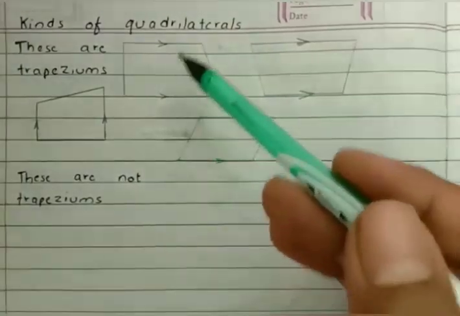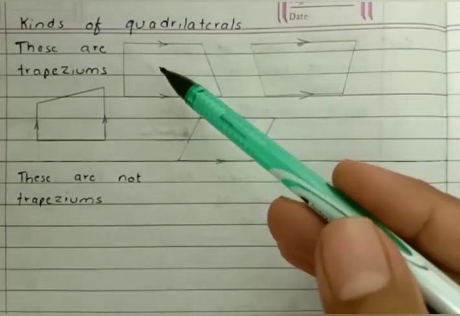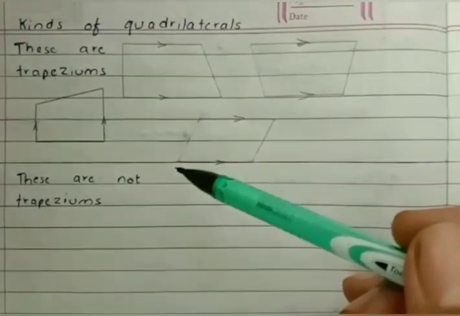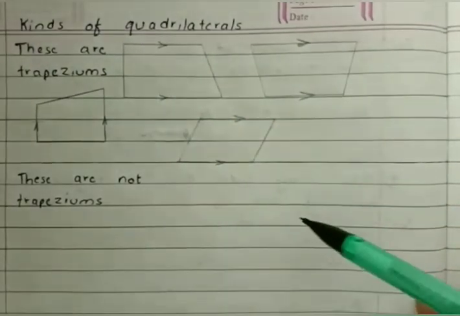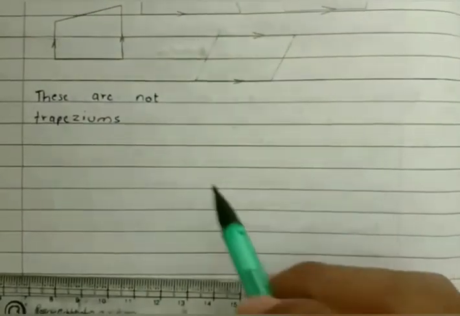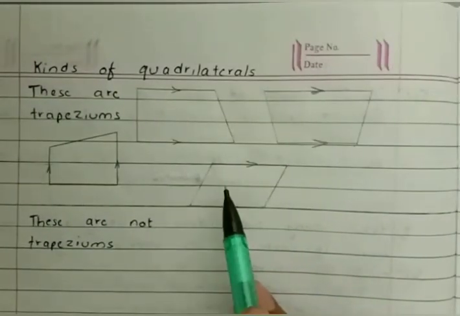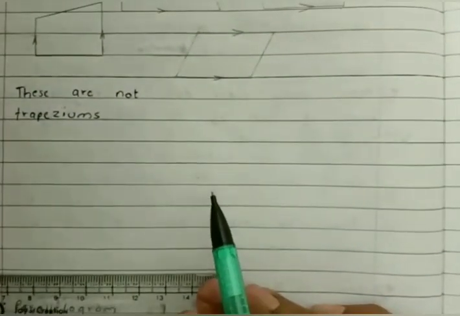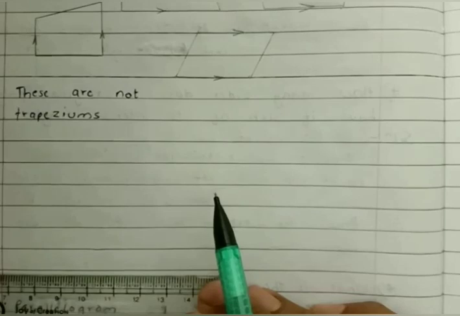It should have two sides parallel. That means it should have a pair of parallel sides. Then you can say it is a trapezium. Otherwise you can't say it is a trapezium. You have seen what trapeziums are. Now I will show you what are not trapeziums, so it will be easy for you to identify.